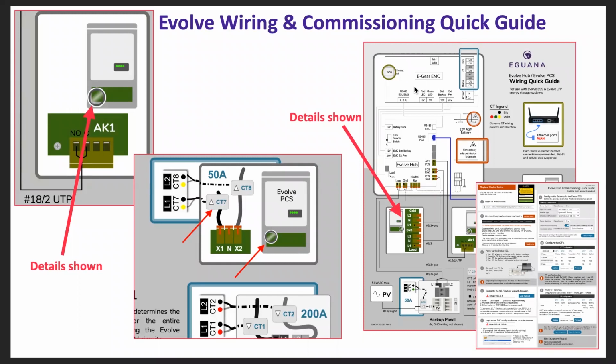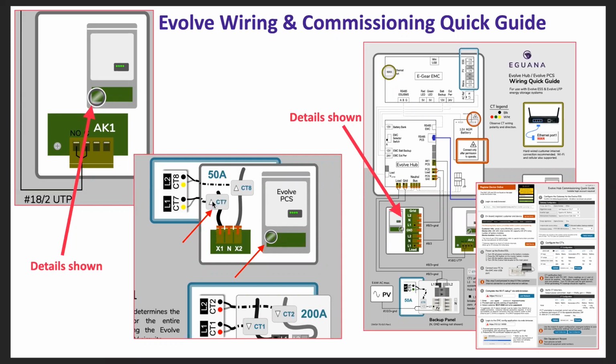Okay, taking a quick look at one of the other resources that I mentioned at the beginning of the session, the Evolve Wiring and Commissioning Quick Guide. Shown in its entirety here on the right side, there are some really good details shown, the arrows pointing to an example here or here, like for example, where in the Evolve PCS cabinet, the circle shown on the quick guide shows where this further detail is on the AC filter board, where the battery CTs are landed.